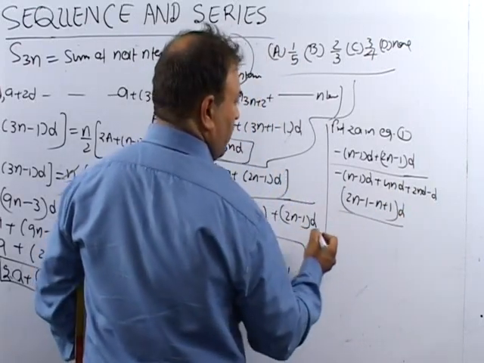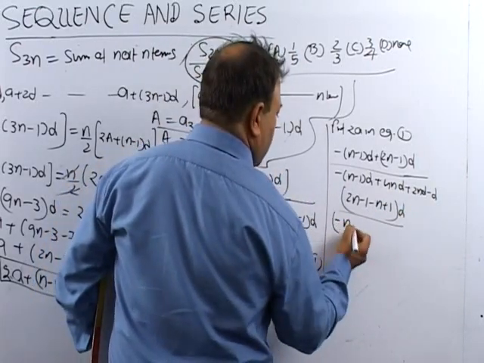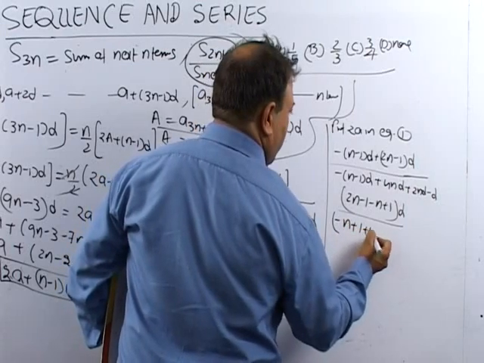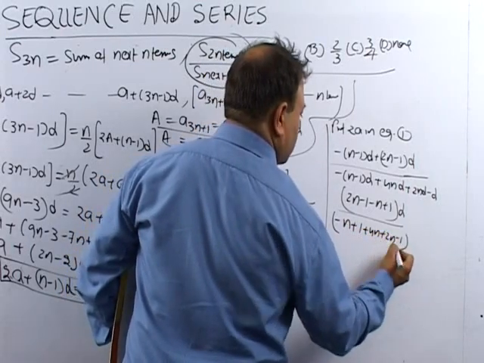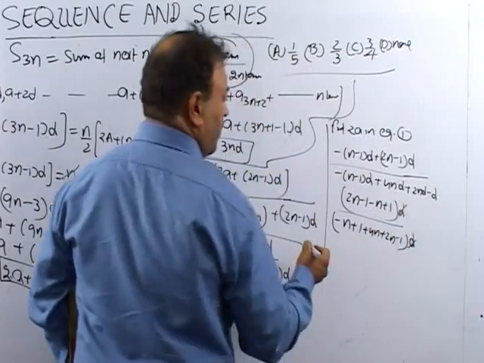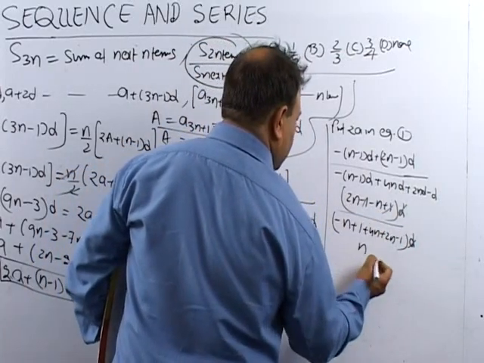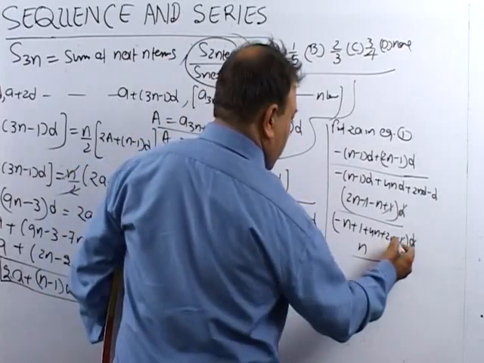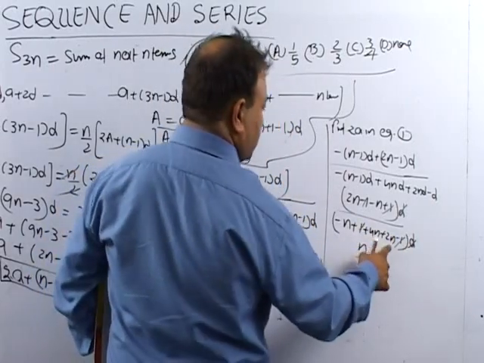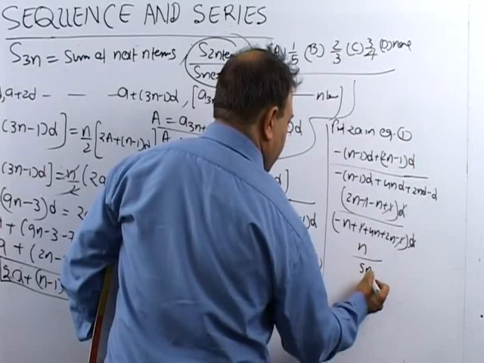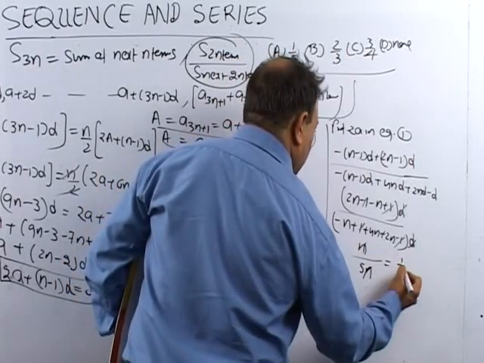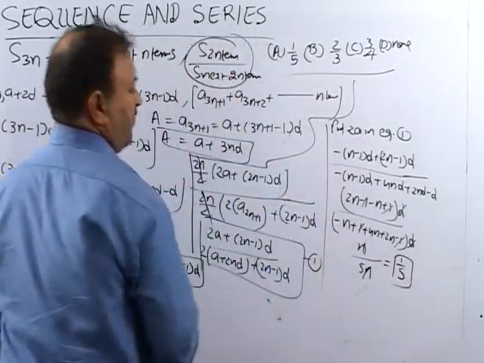This comes out to be minus n plus 1 plus 4n plus 2n minus 1 into d. d will be cancelled out, 1 will be cancelled out, we are left with n upon 6n minus n, that is 5n, n and n will be cancelled out, the answer comes out to be 1 by 5.